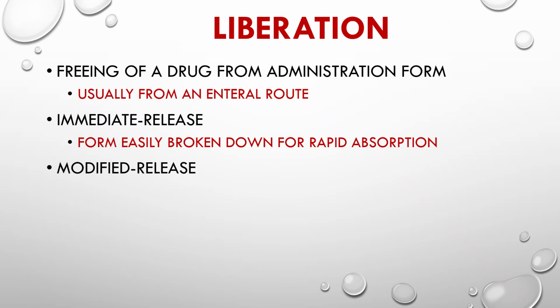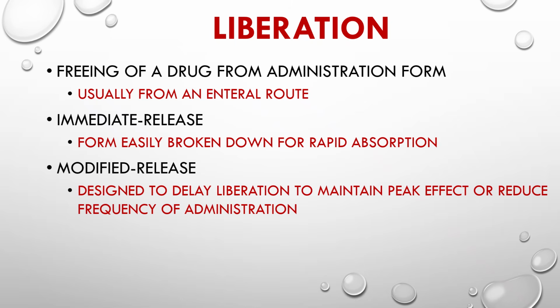But we also have a modified release, and this is designed to delay liberation, so modified or delayed release. So now we're actually administering the drug, but all of it isn't going to be released or absorbed all at one time. Instead, it's going to maintain kind of a peak effect, so that we have a reduced frequency of administration.